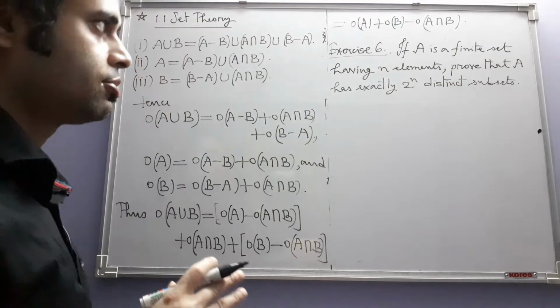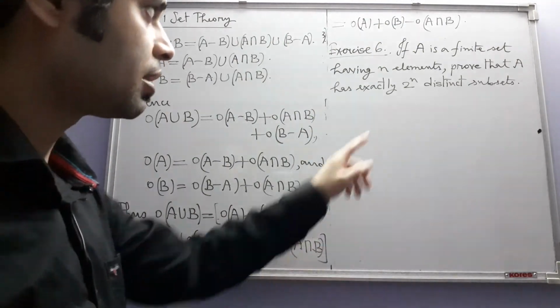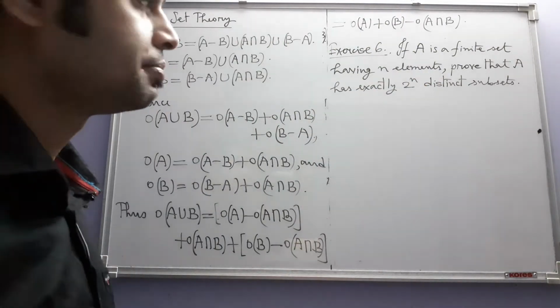So this is actually nothing but the number of elements in the power set of A.